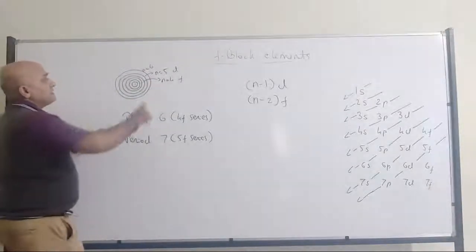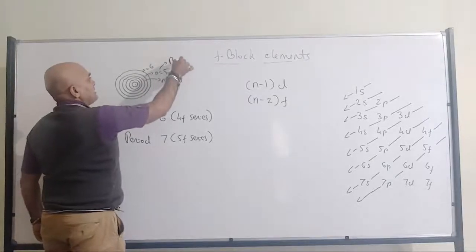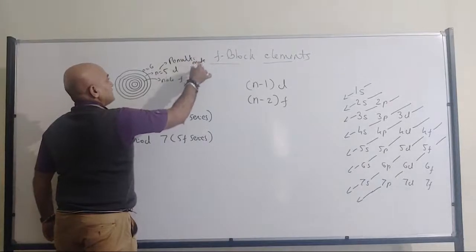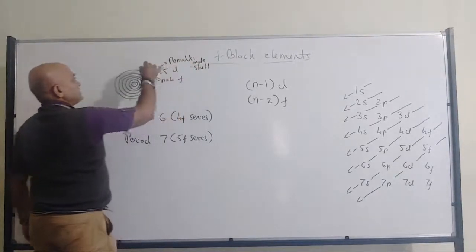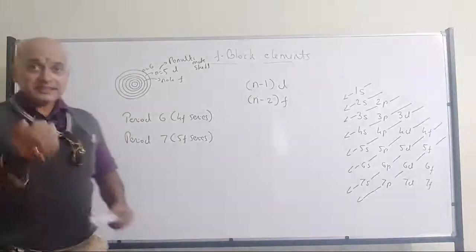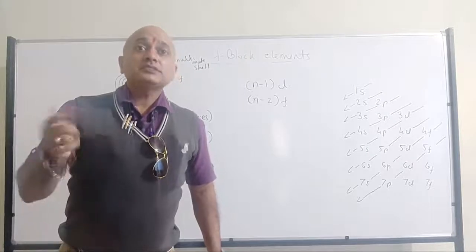This one I will call the penultimate shell. This is the outermost shell, and next to that, on the inner side, is called the penultimate, meaning last but one.